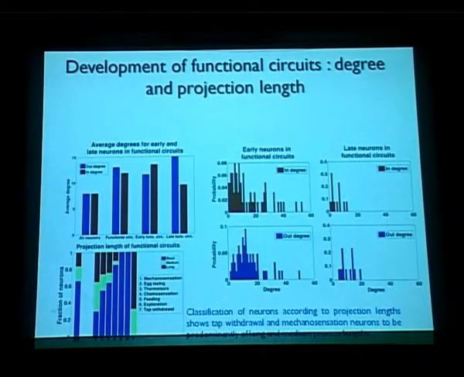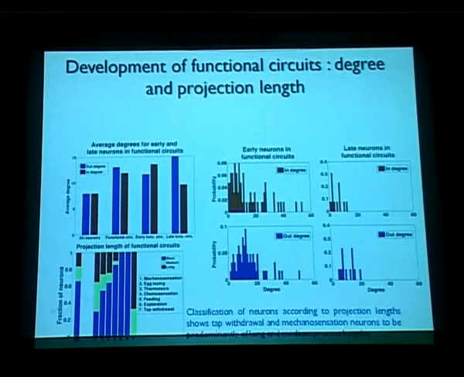And again, within functional circuit neurons, there seems to be some fine tuning happening within early and late functional circuit neurons. So late functional circuit neurons show more out degree processes, while early functional circuit neurons show a lower number of out degree processes.